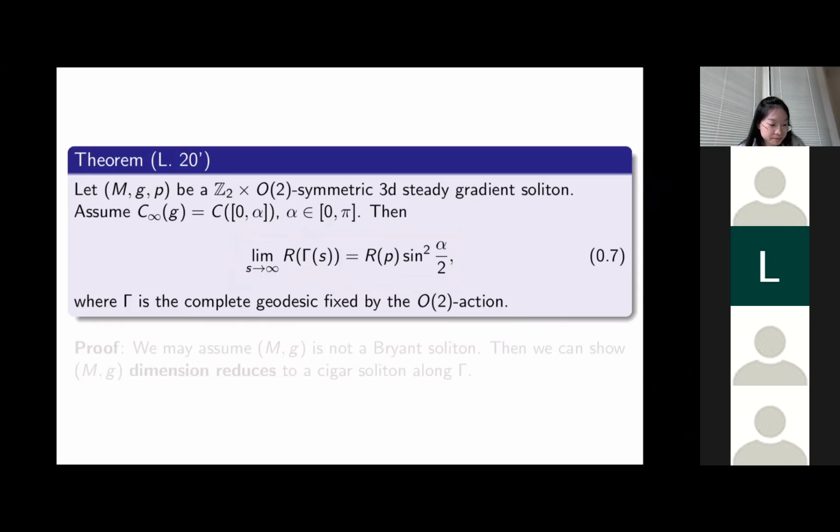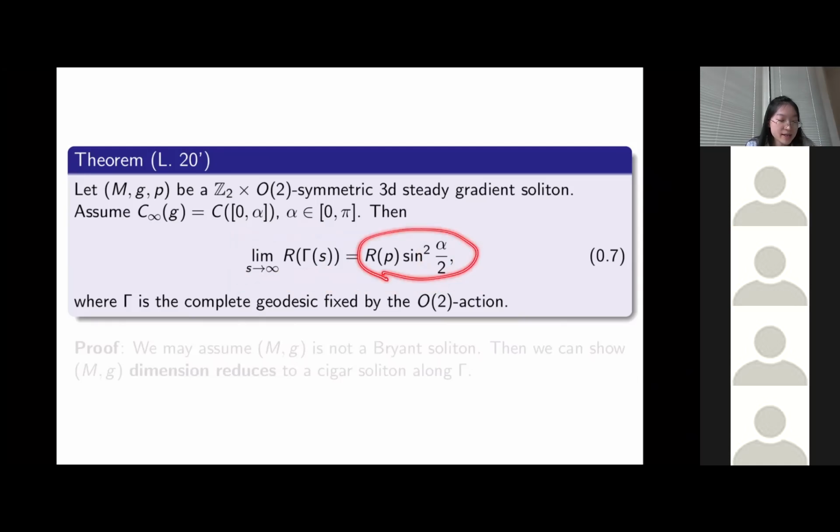You can easily check that when alpha equals 0, then this limit is 0, which means that if your asymptotic cone is a ray, then your curvature has to decay. And in all other cases, if it is not a ray, then your curvature does not decay.